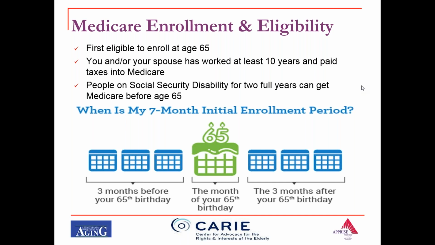A few years ago, it used to be that if you had an HMO, maybe you had a lower premium, but your copays were higher. And if you had a PPO, you had a higher premium, but somewhat lower copays.